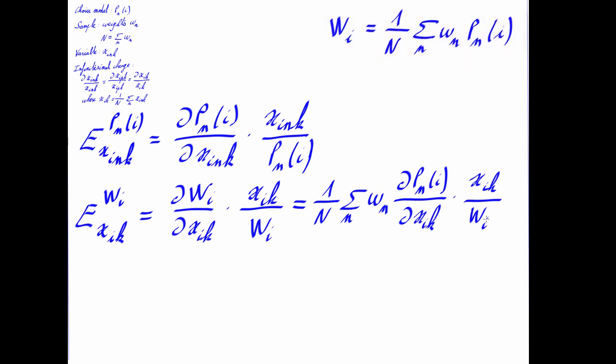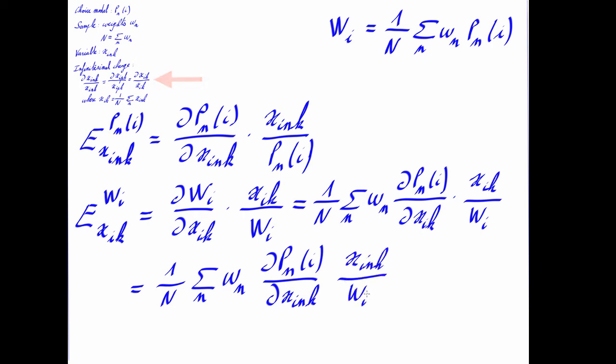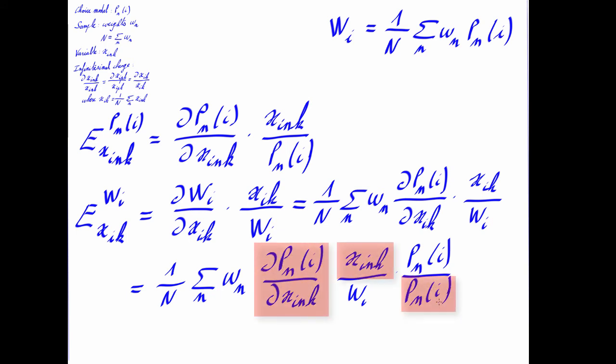Now we use the assumption that the relative infinitesimal change is the same for every individual in the population. We replace the infinitesimal change of x_ik divided by x_ik by the same quantity for individual n. We multiply the numerator and the denominator both by P_ni, so that we can reconstruct in this formula the formula of the disaggregate elasticity.